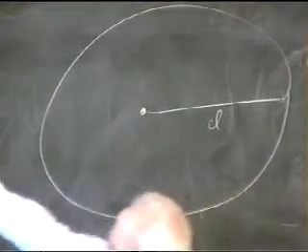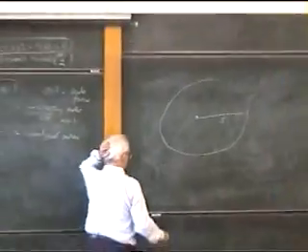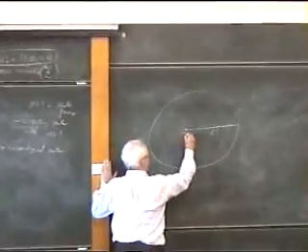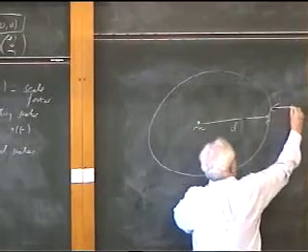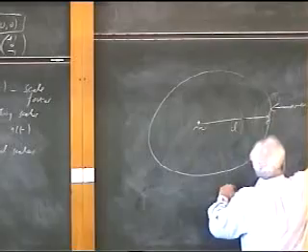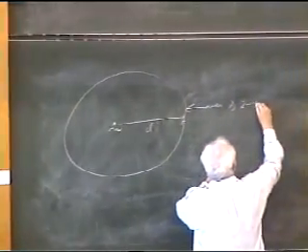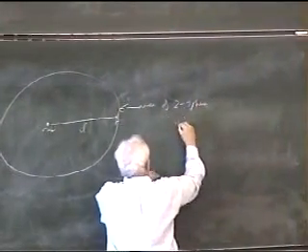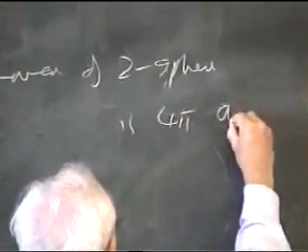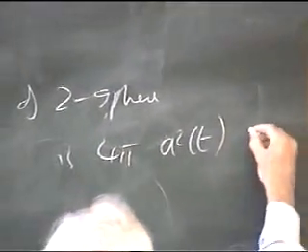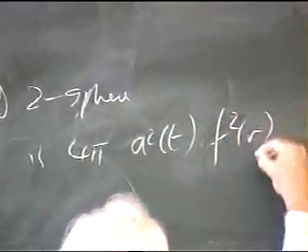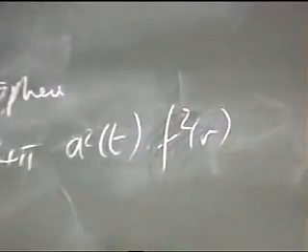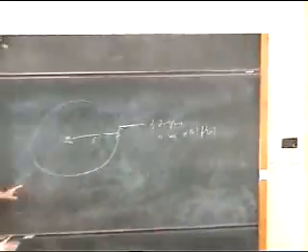And if you're used to dealing with these metrics, you will be able to read off from that. Start off at a point r is 0 and then end up at a point r. The area of the two-sphere you get is 4 pi a squared of t f squared of r.